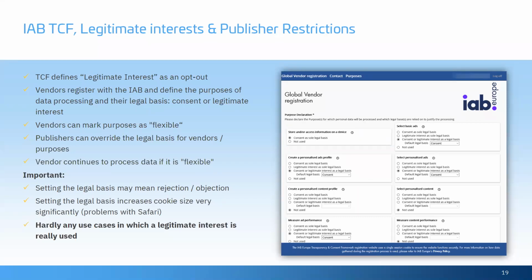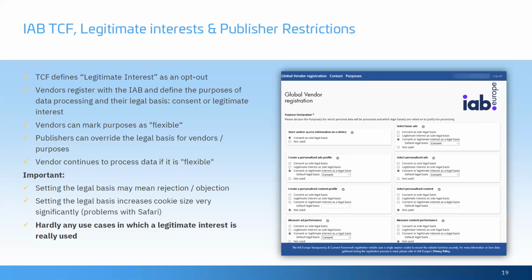So it doesn't make sense in these two cases to tell the vendor that he should process personal data based on a certain legal basis. Same if the user goes into custom settings: all settings that the user is doing will have the same value for consent and legitimate interest. So again, it doesn't make a difference if you want to override the vendor.